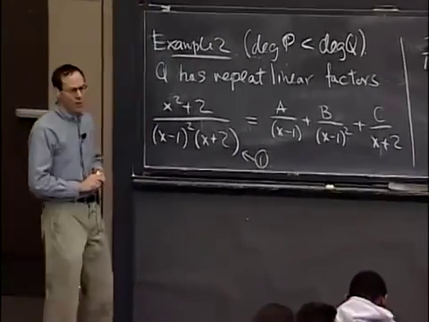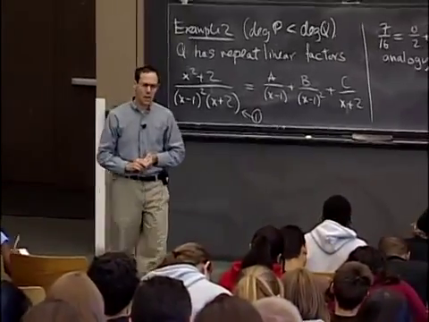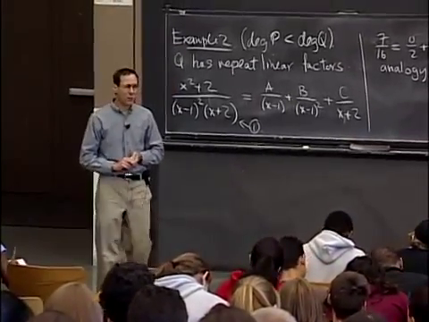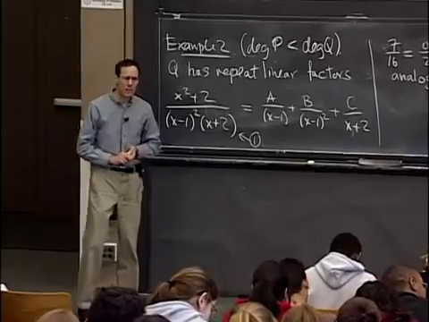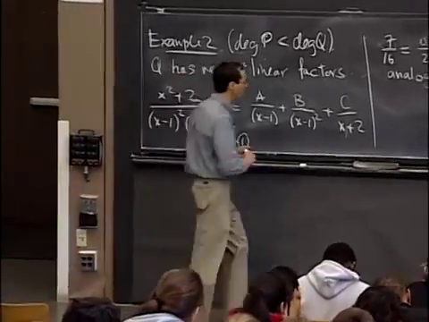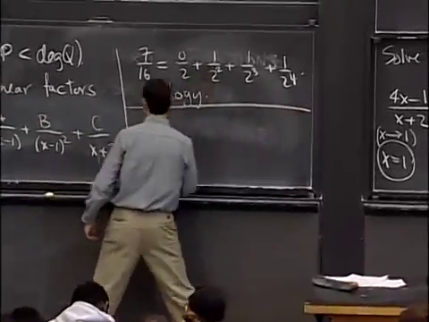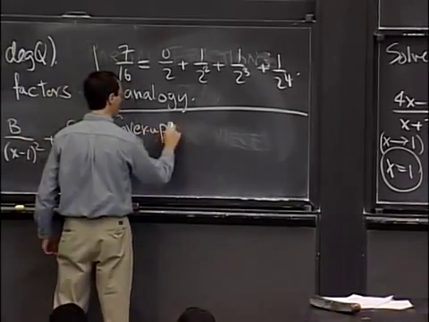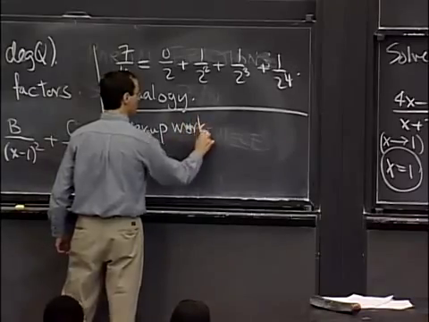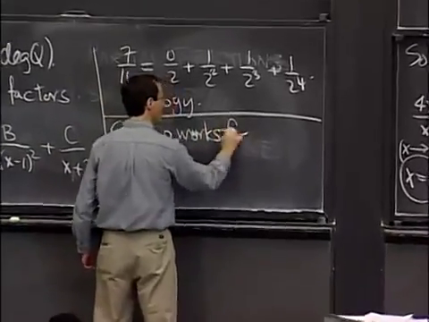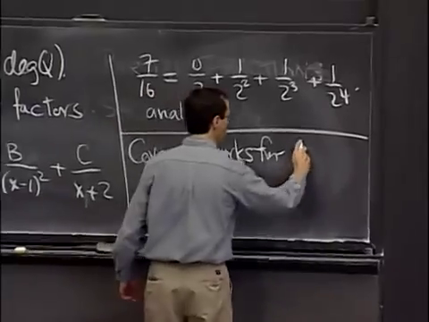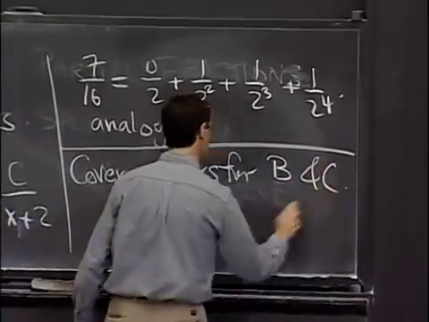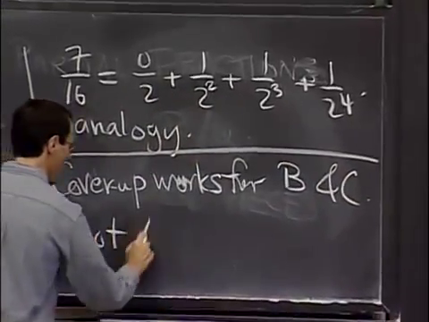Okay, now, what's different about this setup is that the cover-up method, although it works, it doesn't work so well. It doesn't work quite as well. Cover-up works for the coefficients b and c, not a.